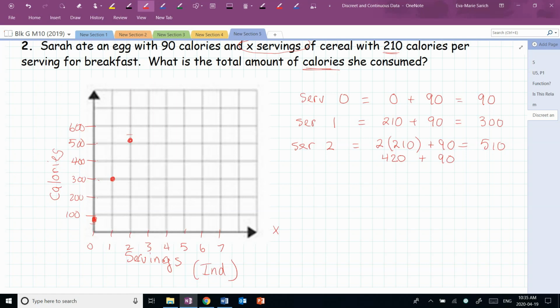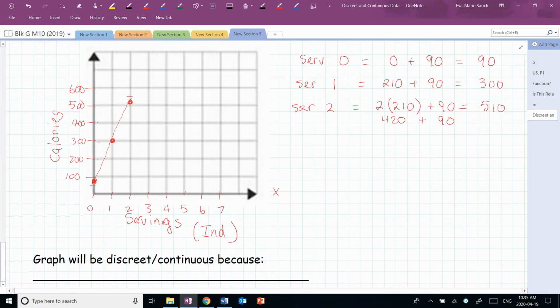We can have portions within that. So this should be joined with as straight a line as you can to show that it is continuous, that we can have parts of servings, which reduces the amount of calories. So the number of calories depends on the size of the serving and how much of the serving she's actually eating. So this one would be continuous because she can eat part of a serving.